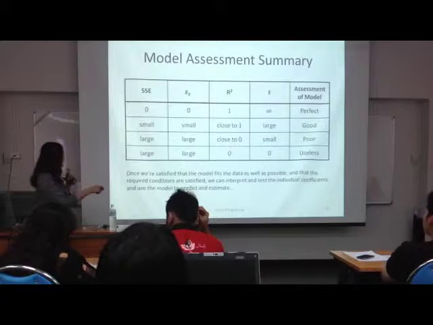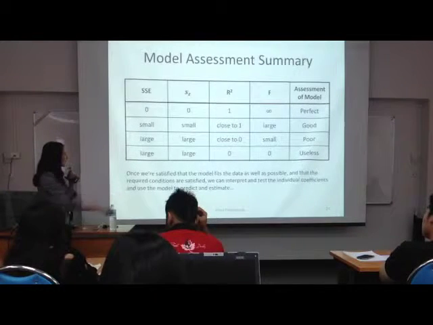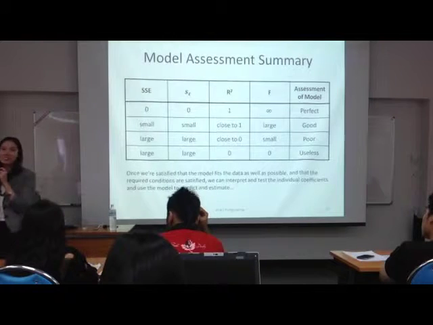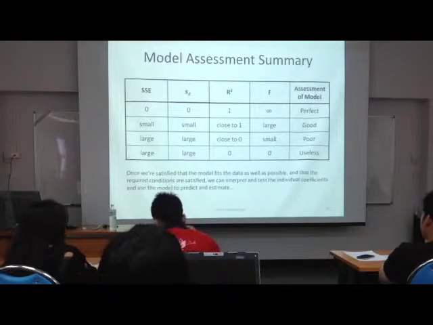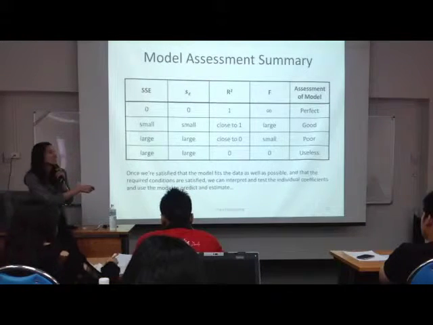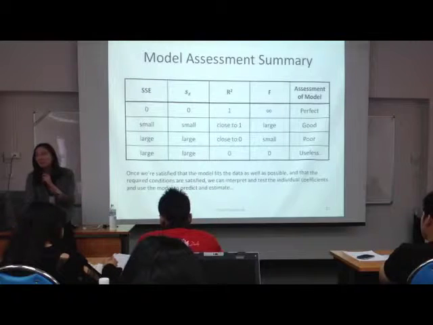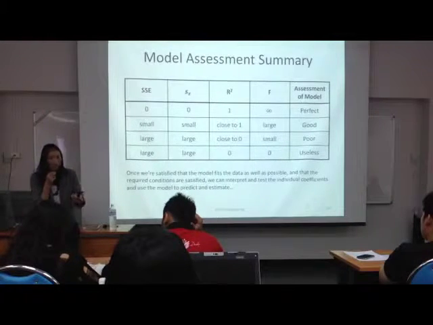Before we talk about the one in the middle, we go for the useless model. What is the useless model? That means we should have a very large value of standard error. R squared is 0. When R squared is 0, what does it mean?